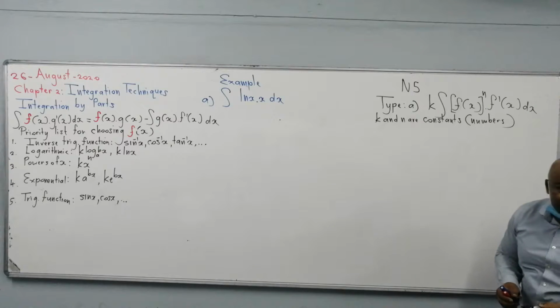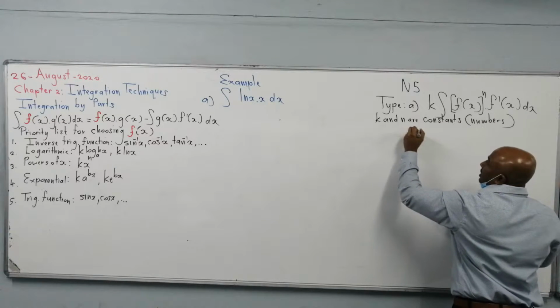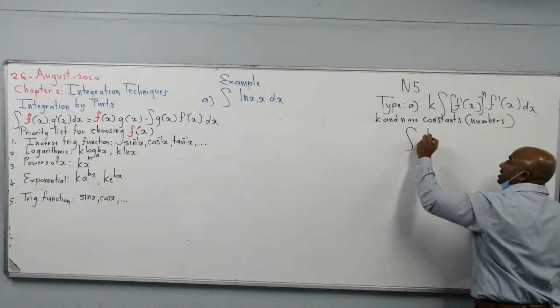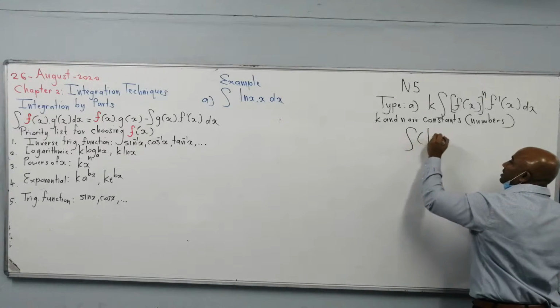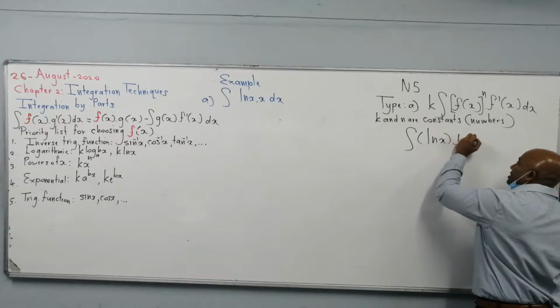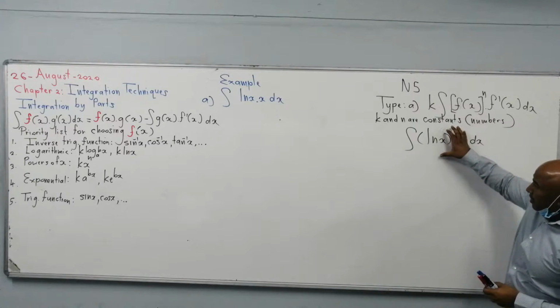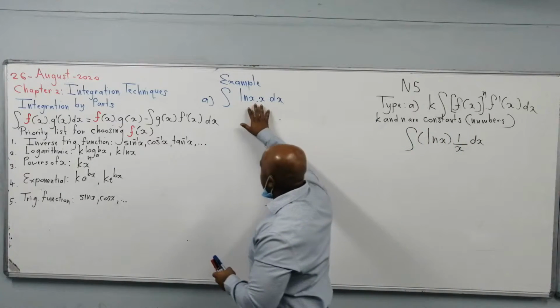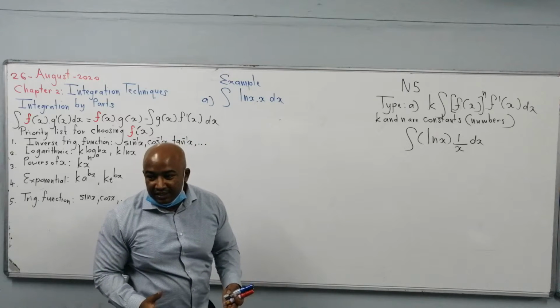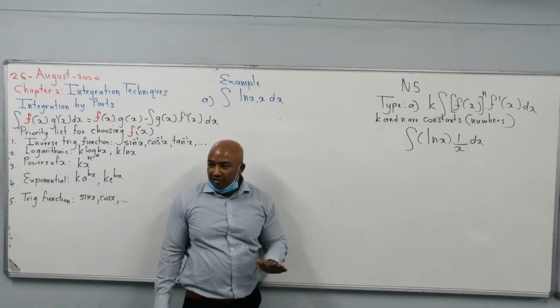So in a situation like this, let's take an example. We've got the integral of ln x times 1 over x. Now if you compare this example to this one, it looks similar, but the way you integrate it is completely different.